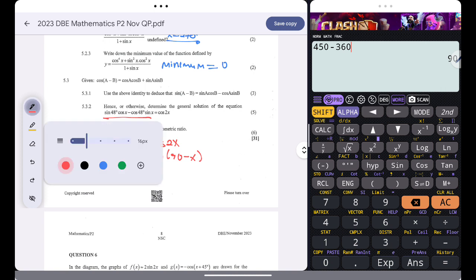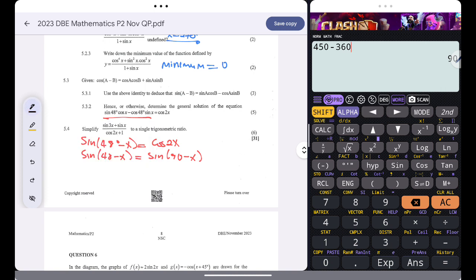Why am I choosing sine? Because sine is the last man standing. I'm kidding. Sine is the trigonometric ratio which I'm left with. So I must only represent my general solution wherever sine is positive.